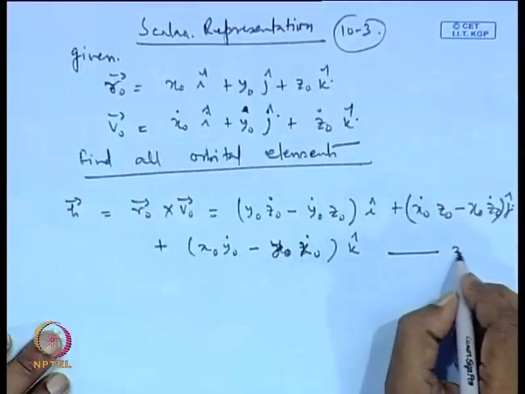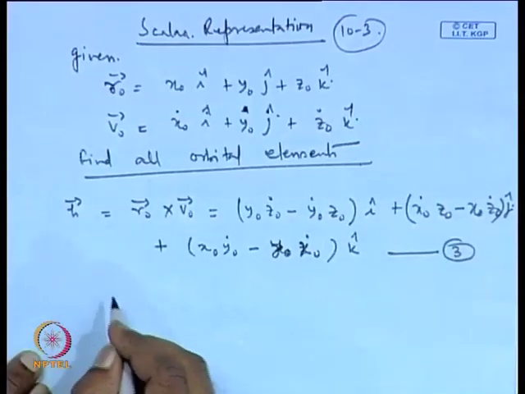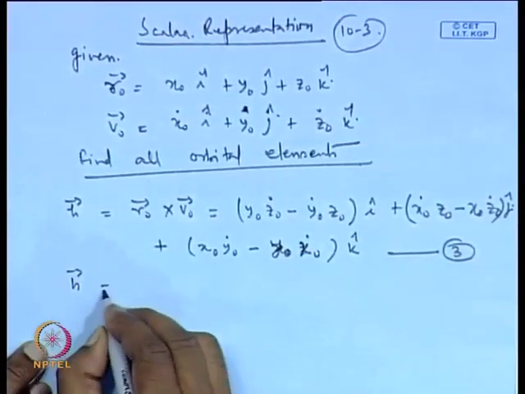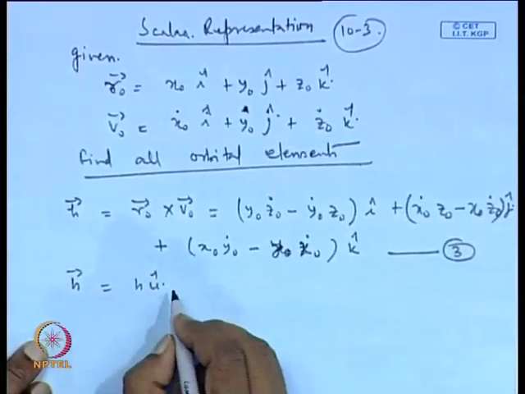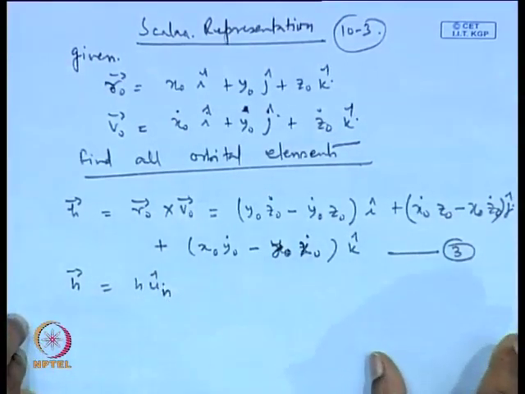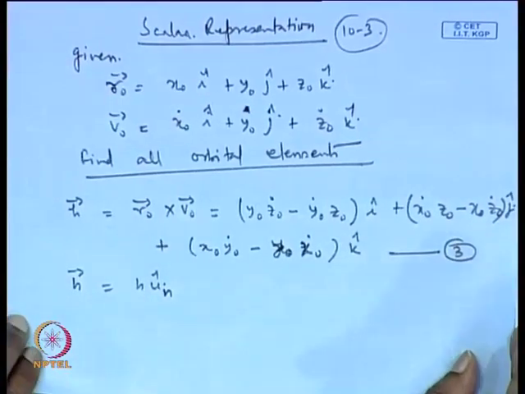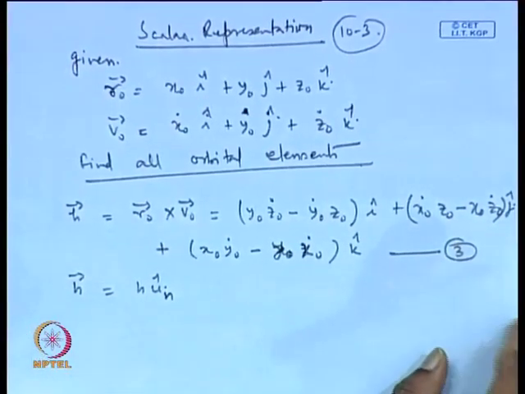This is our equation number 3. So, H we can write as H times u n, where u n is the unit vector perpendicular to the orbital plane. So, we need to determine the u n vector.